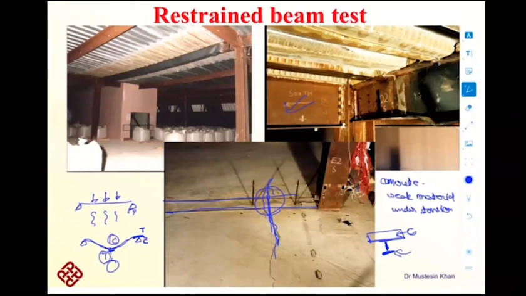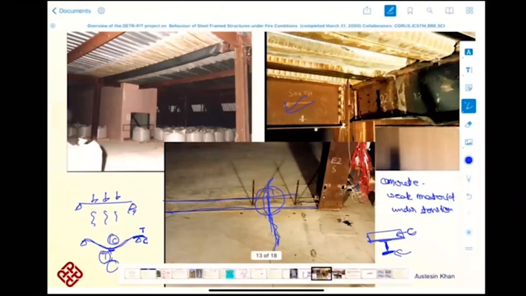And another observation which was very important and proved to be very useful in further studies was the local buckling of this restraint beam. When I say local buckling, it means that the bending of the beam is at a very specific location, not the whole beam was bent significantly.